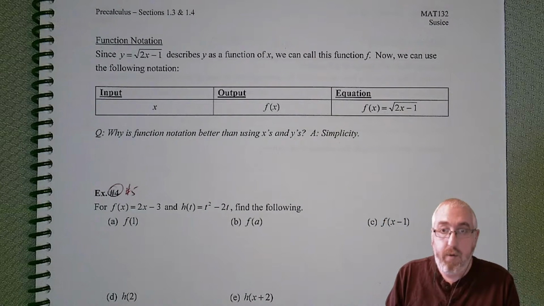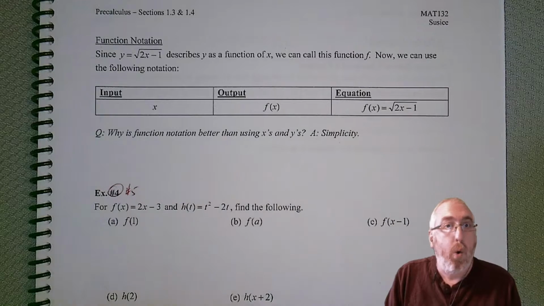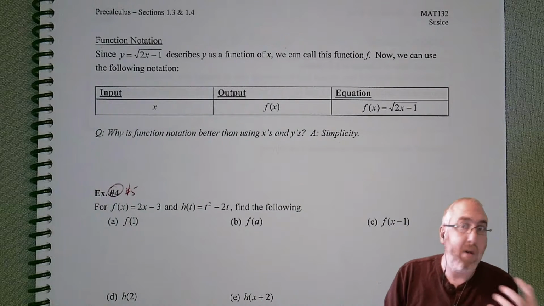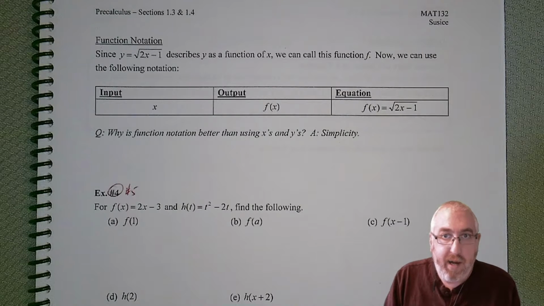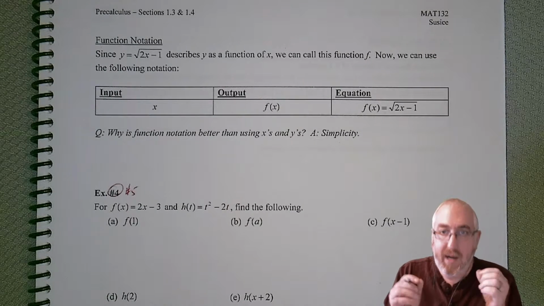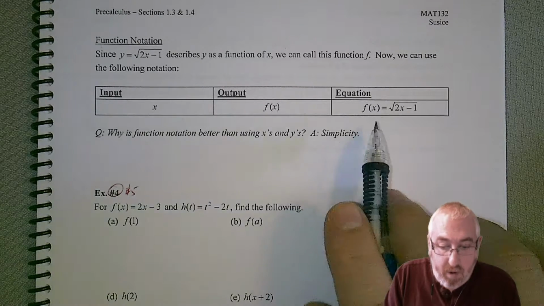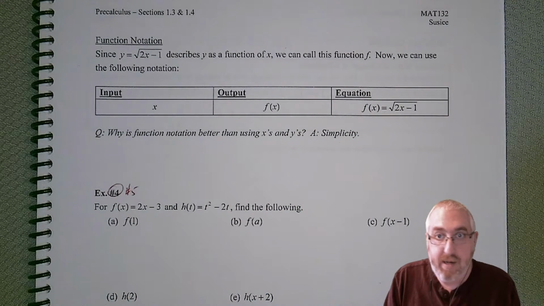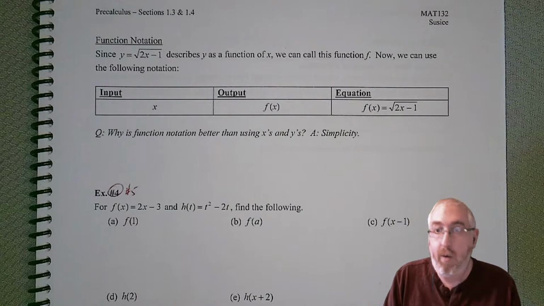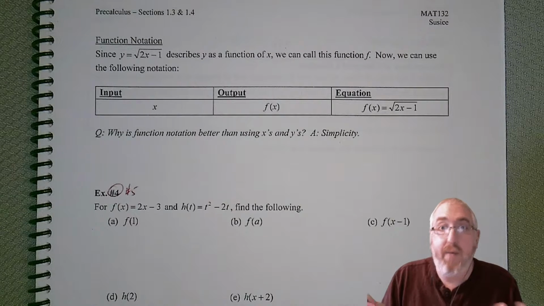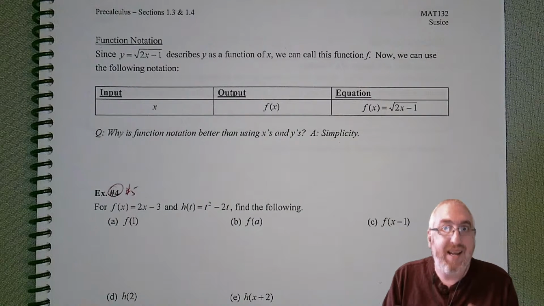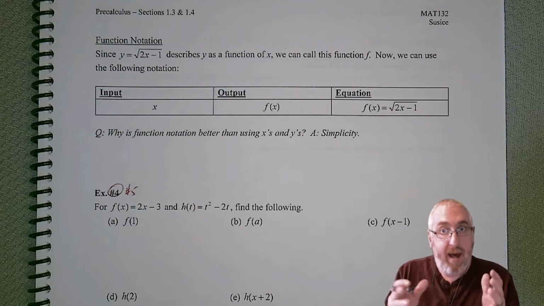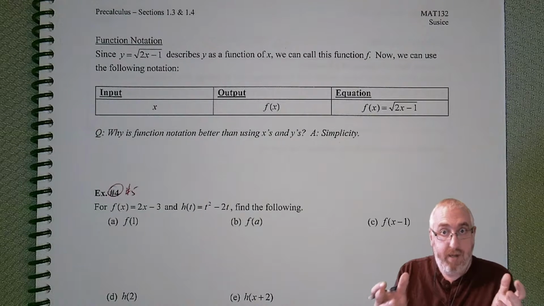So if you had y equals this, y equals something else, y equals a third option, how do you know which one you're working with at any given time? But by giving them a name, so this is function f, we could have function g or t, whatever we want. By giving it a name like that, it's easier for reference, and it's easier for looking at how the input and the output tie to one another.